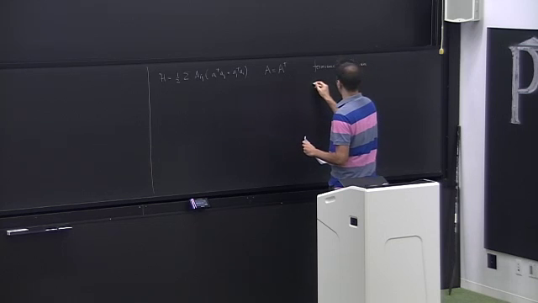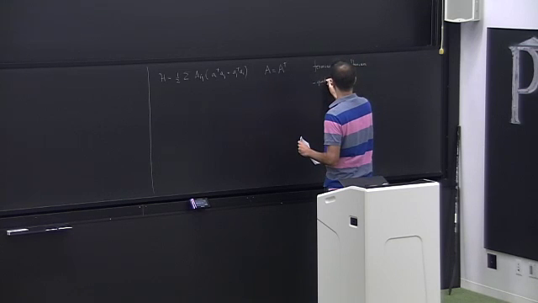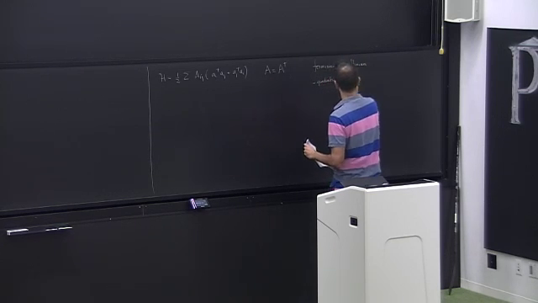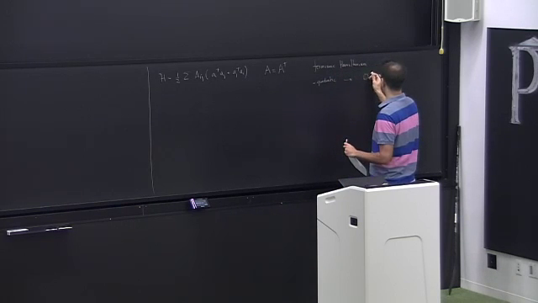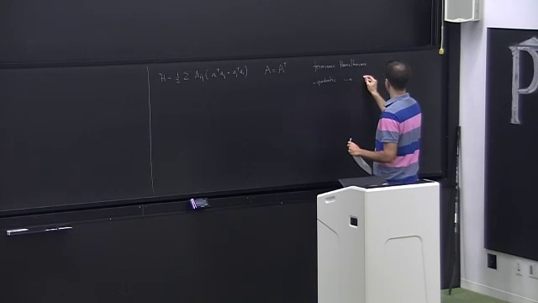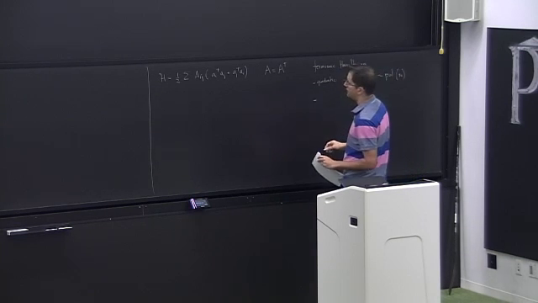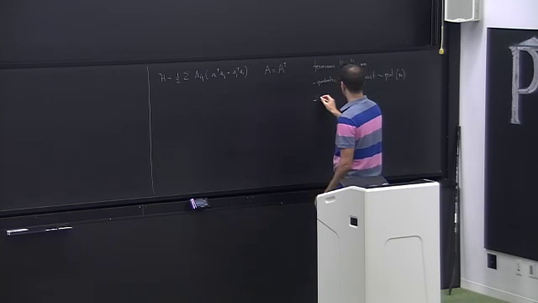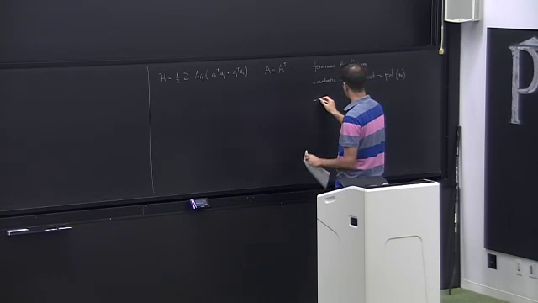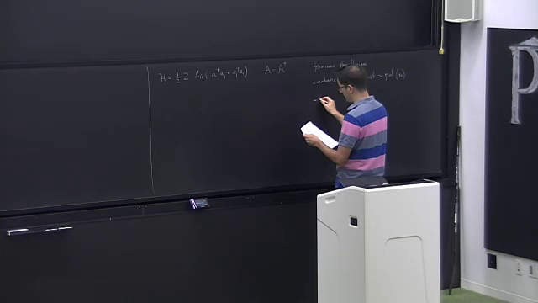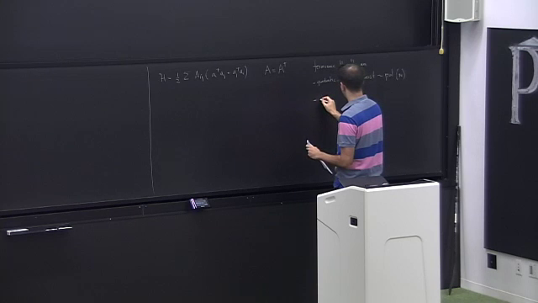Which has two properties. One is quadratic, and we like that because it implies that the cost is going to be polynomial in n as opposed to exponential, but it will have another property, which is that it preserves particle number.